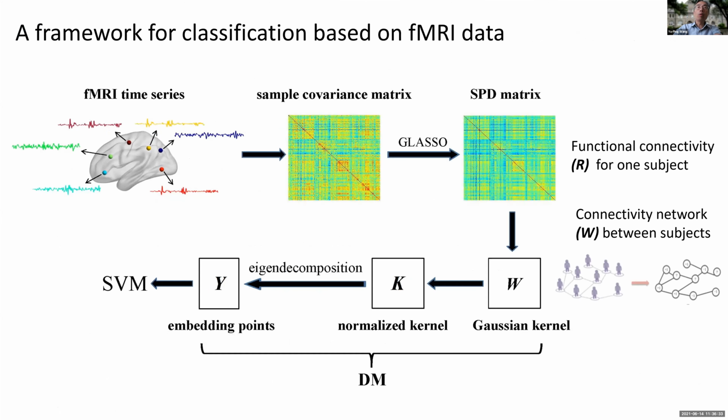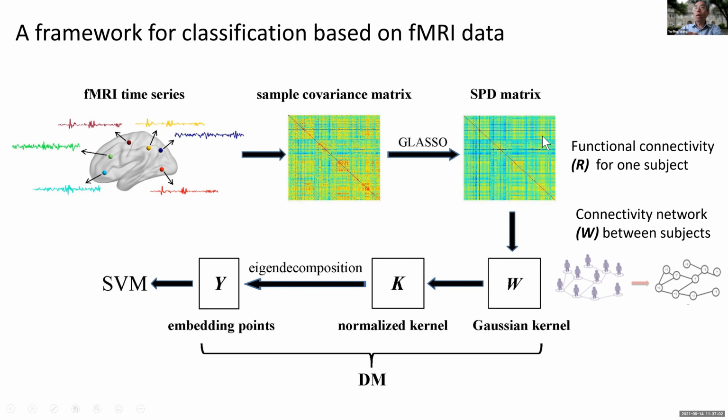This is the general framework for the analysis. We start with fMRI time series. Using graphical lasso, we can estimate the connectivity matrix between different ROIs. We name this the semi-positive definite matrix.